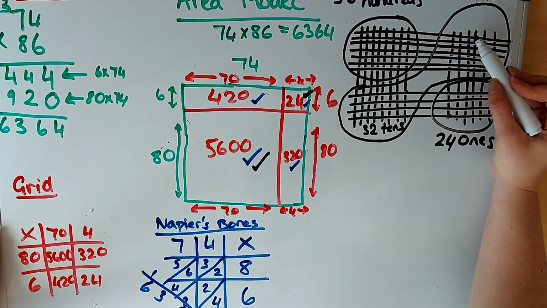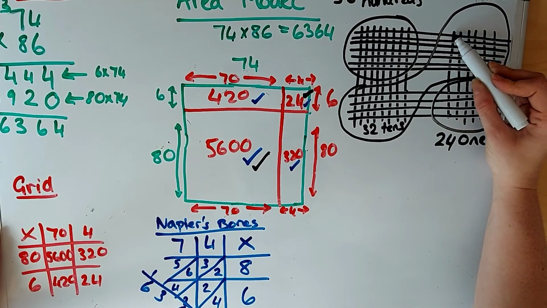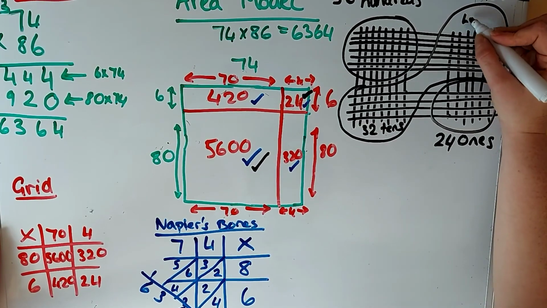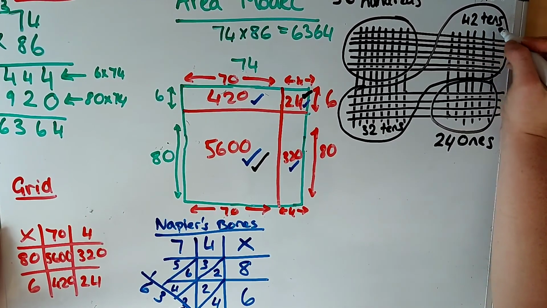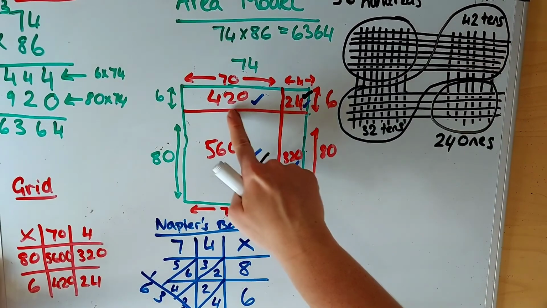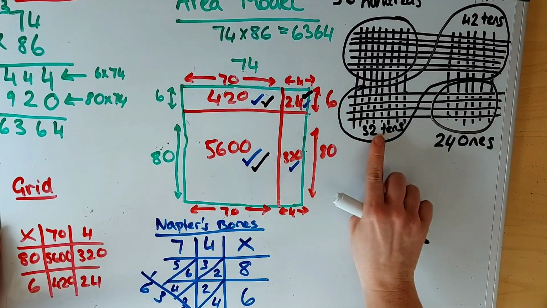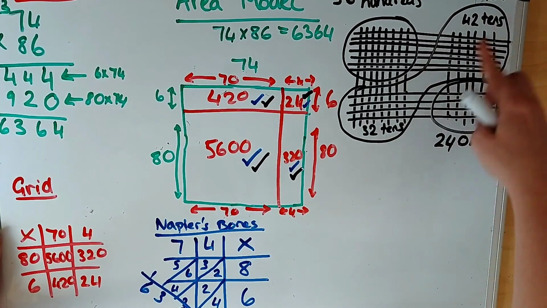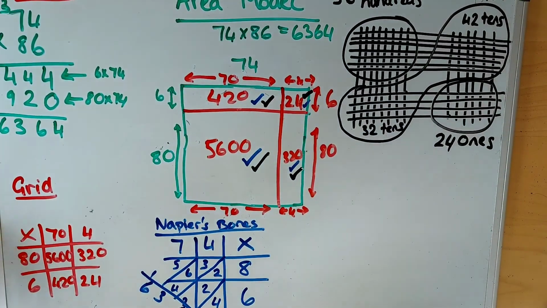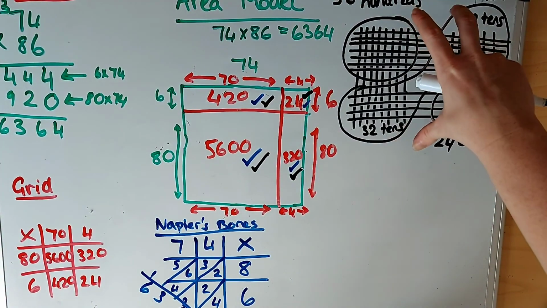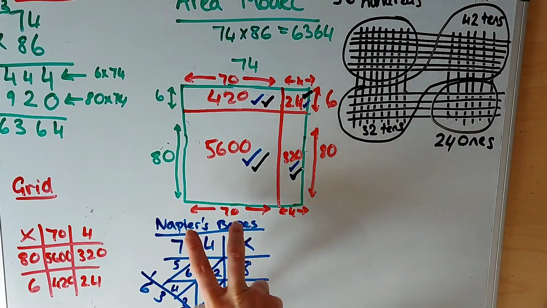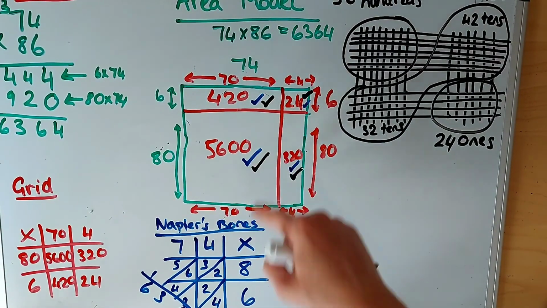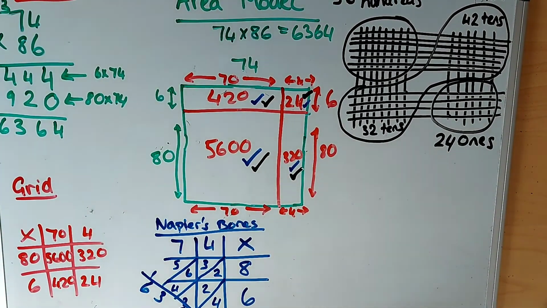And this is 6 by 7, so that's 42 tens. So actually I can see 42 tens is 420, 32 tens is 320. So I don't even need to add these up because I can clearly see those. So actually, the Chinese method, again, feels the same as the grid and the Napier's bones because it splits them into exactly the same rectangles.